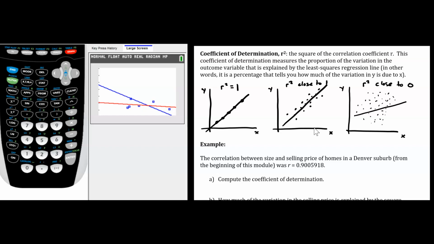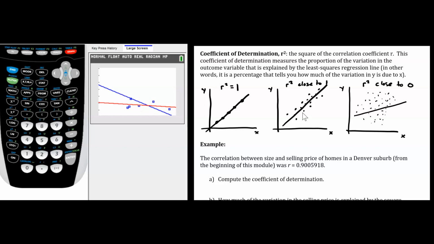But in a picture like in the middle, the points are not all perfectly on the line, but they're pretty close to the line. So we would say in a case like this that the least squares regression line is capturing a large proportion of the variation in that outcome variable, but it's not going to be perfect. So r squared won't be equal to 1, but it is going to be close to 1.